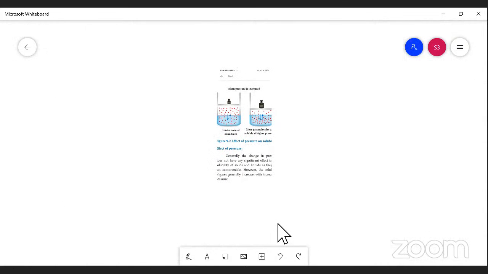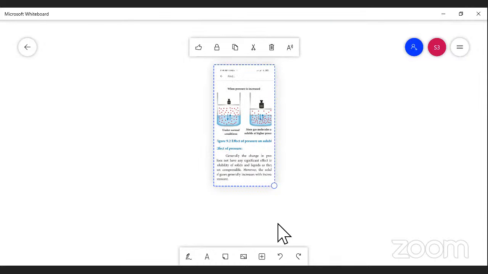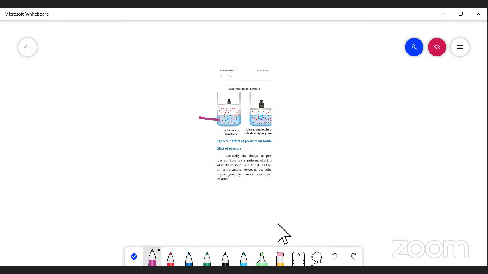See, under the normal condition, the sky blue color is the solution, the liquid.